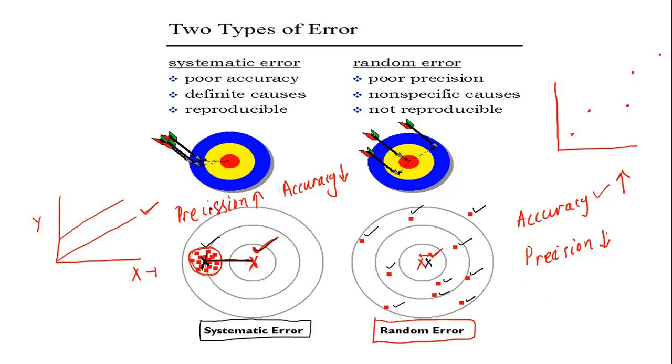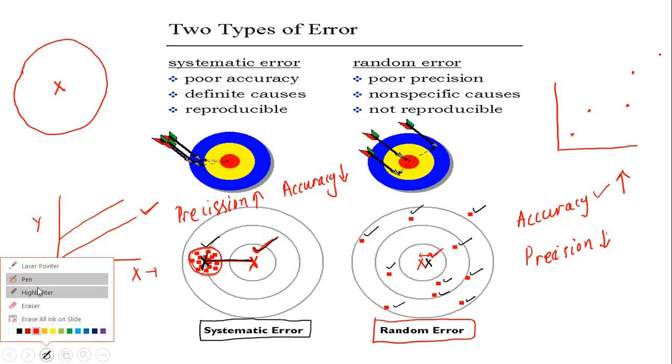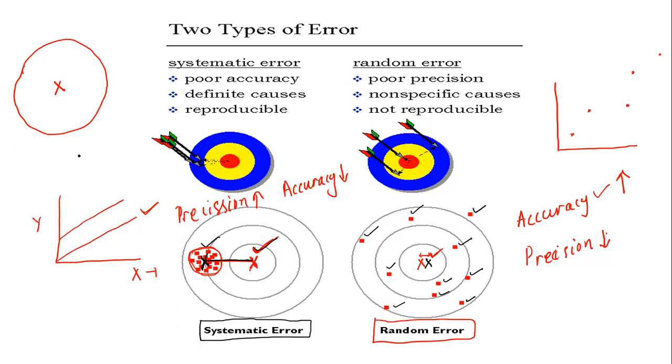So I will draw the ideal one something like this. Suppose this is my value and this is my desired or actual value, then my data points should have both high precision and high accuracy.